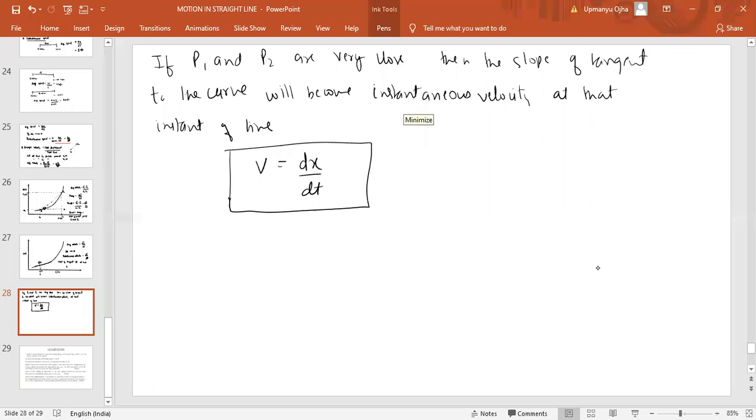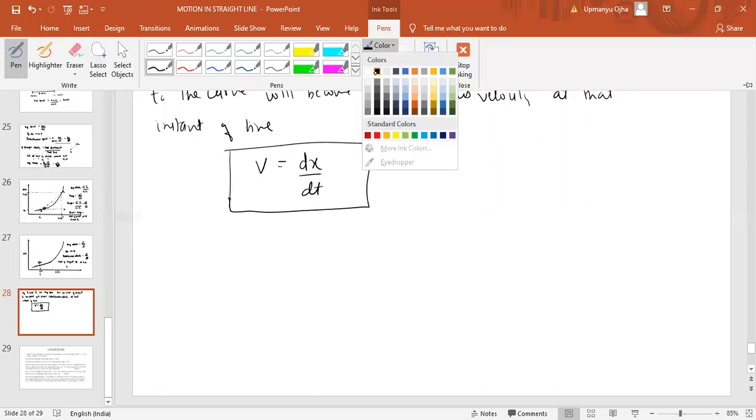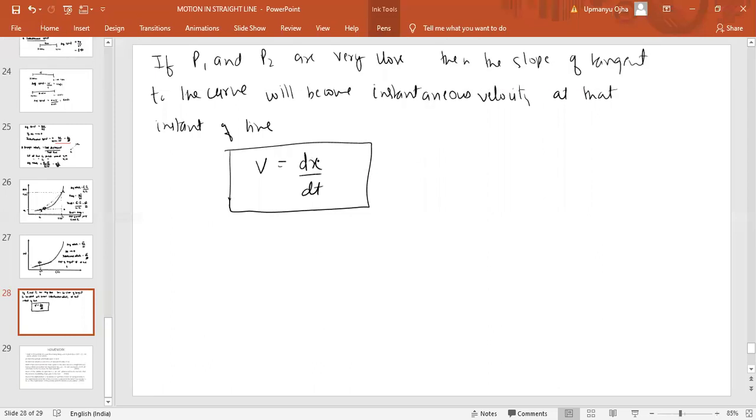No, they are not the same, because instantaneous velocity is dx by dt, where x is the displacement. So x vector is the displacement. Both are different things. Don't confuse speed and velocity. The unit would be the same, but x here is displacement, not distance. So instantaneous velocity is dx vector by dt, where x is the vector quantity.